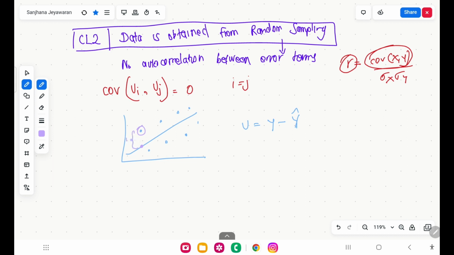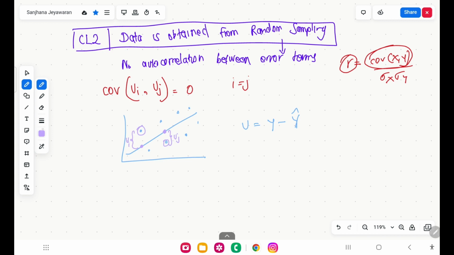Let's say this is ui. Now I get another point of y, and this is the corresponding value of y cap on the predicted line. If we take the difference, I get uj. So the covariance between these two error terms, just randomly taking two error terms, should be equal to 0.